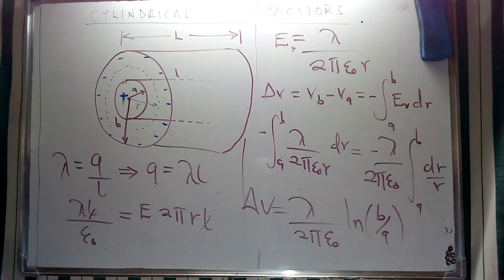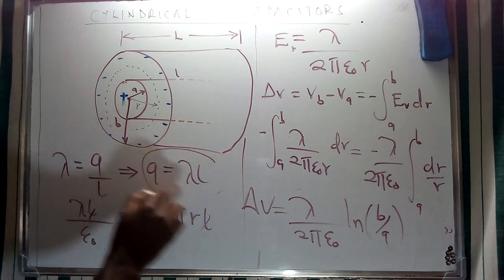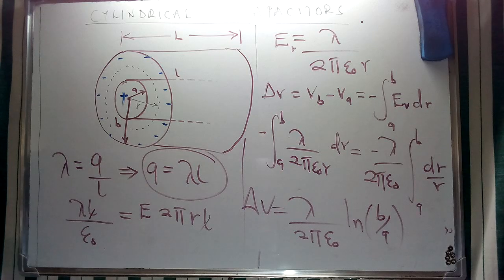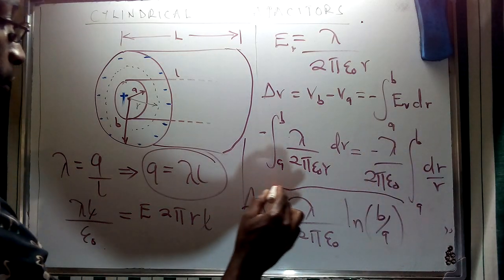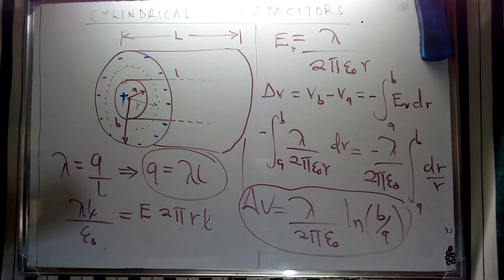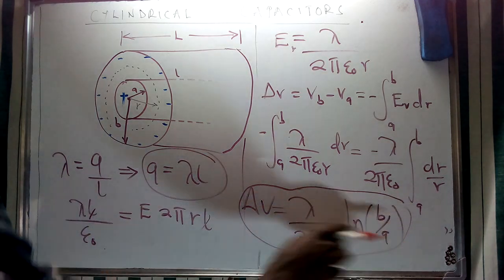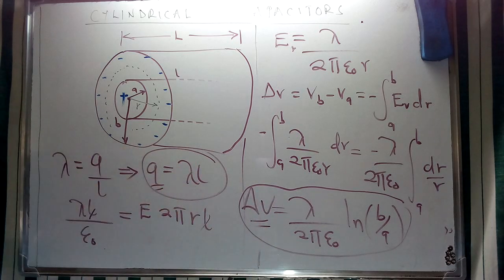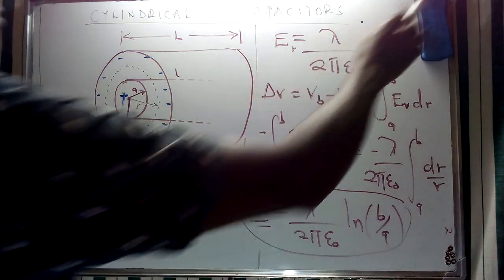What is essential for us to note from this specific case is that we were trying to find the capacitance. We'll say that Q can be represented as lambda L, and then V can be represented from this specific derivation as lambda over 2 pi epsilon naught, and then the natural log of B over A. These two quantities are the ones that we're going to find a ratio of, which is going to assist us to represent the capacitance for this specific configuration.